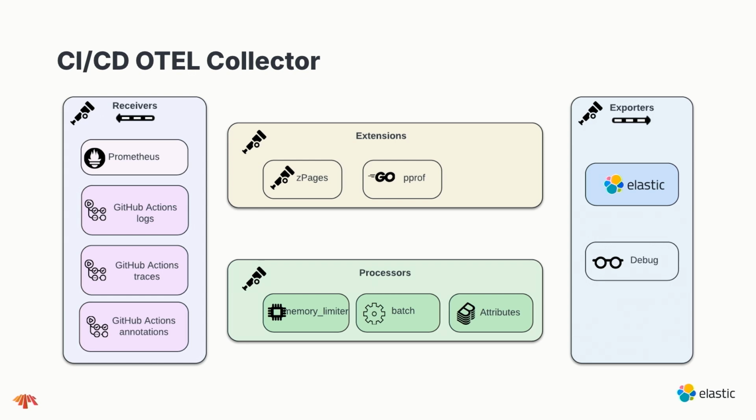It's what you do with the data. So we want to add more attributes, or we want to process this information in batches. So we want to be sure that we can accommodate the memory allocation we have with the load we receive, or put some limit on how much memory we allocate to the processor, because if there is a peak of load, we don't want to exhaust it.